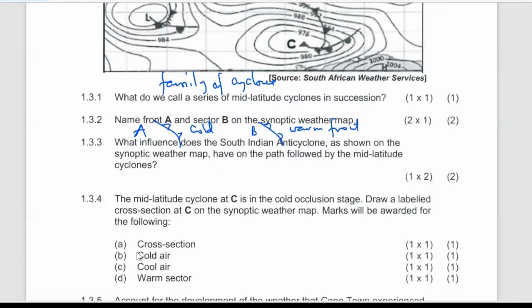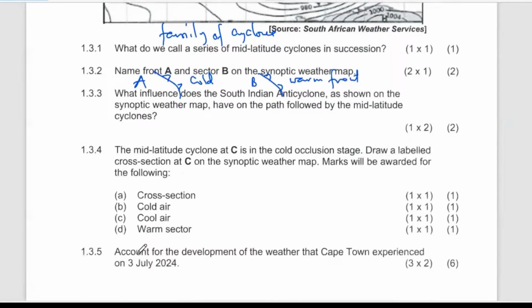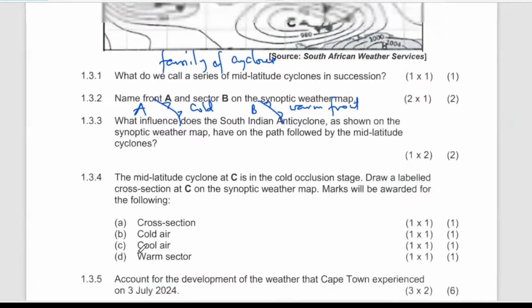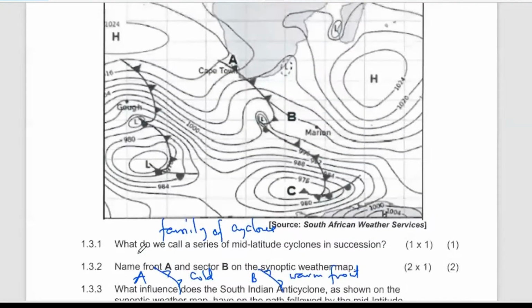Right. Moving on to the next question. What influence does the South Indian anticyclone, as shown on the synoptic map, have on the path followed by the mid-latitude cyclone? Right. If we have the South Indian here, this is a high-pressure cell and anticyclone, and we see our mid-latitude cyclones are moving in that direction from the west going to the east. Apparently, they're going to be blocked.